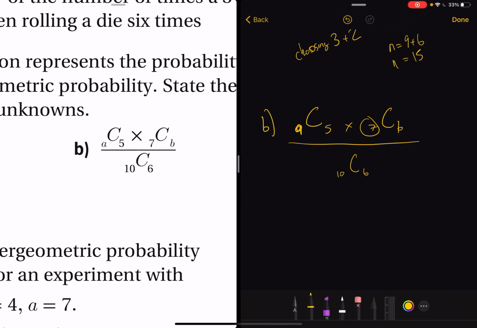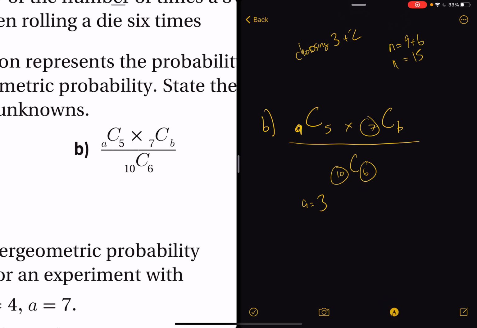And how many available successes? If we have 10 total, then A must equal 3, or 10 minus 7. And here we have total selections. So that's total selections, 5, this is a number of trials. So 5 are successes, which means B equals 1 to make up that 6.